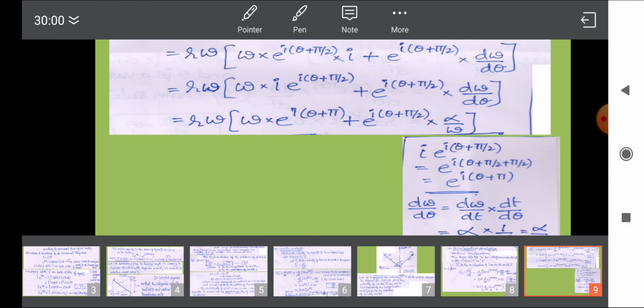Now that is equal to R omega of omega into, now if I differentiate e power i of anything with respect to theta, then it will be the same. So e power i of theta plus pi by 2, because differentiation of e power i theta is what? e power i theta.